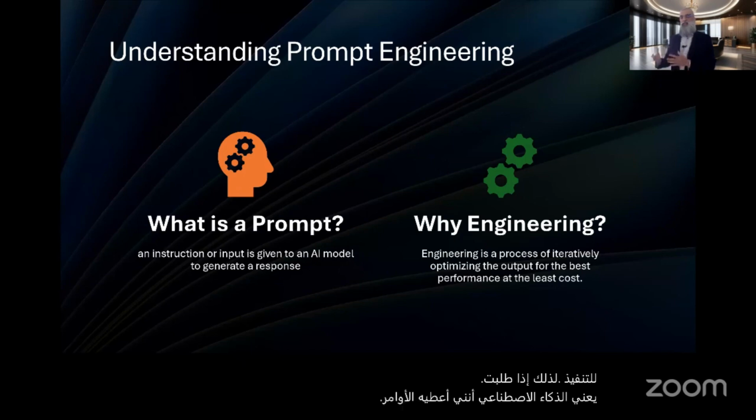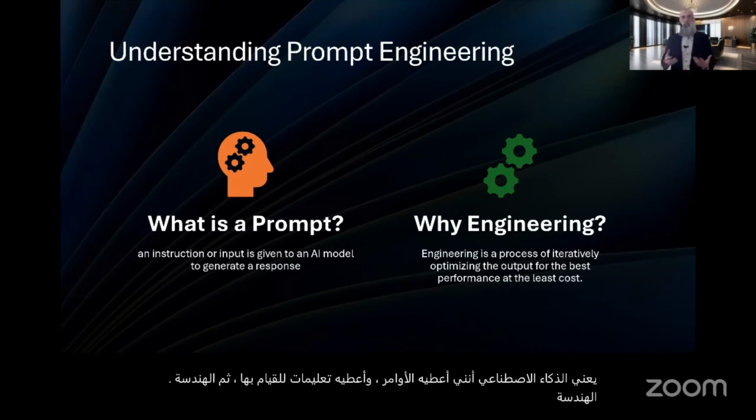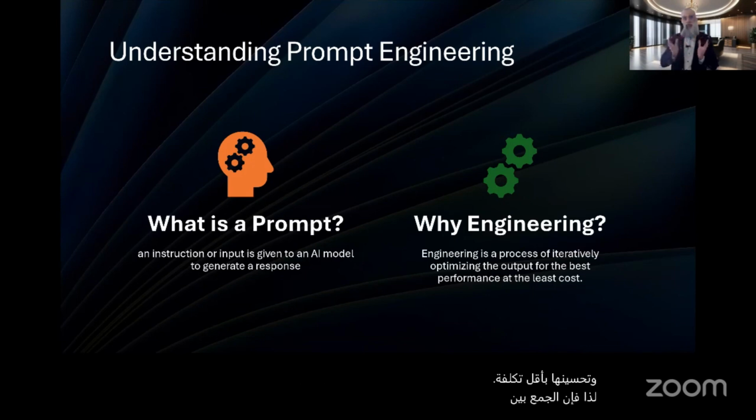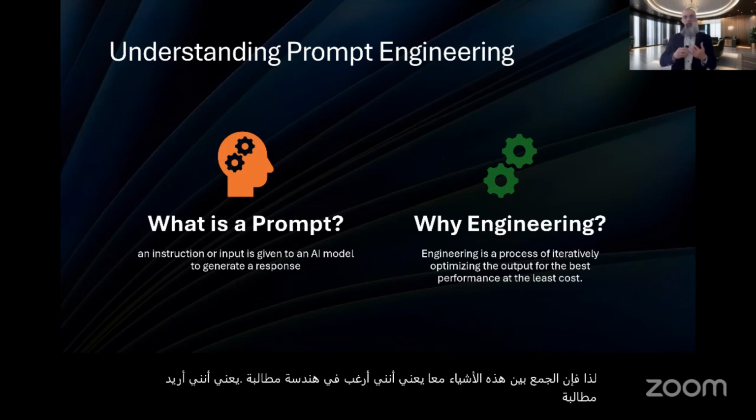And then engineering is a generic term that we usually apply in our life. An engineer usually has things done efficiently and optimized with the least cost. So combining these together means I want to engineer a prompt so that it effectively does what I intended and requested, with the least cost.